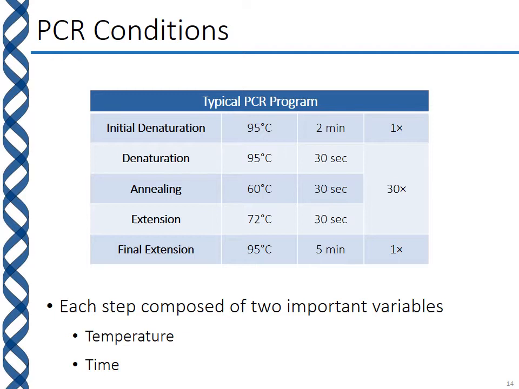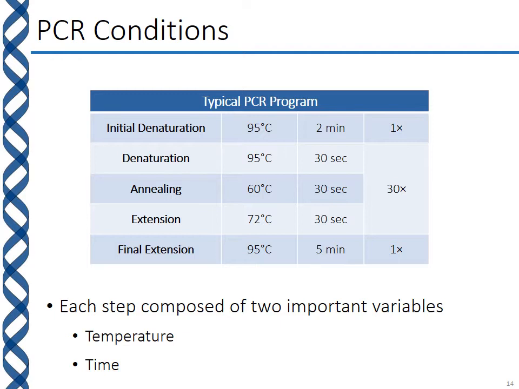Here we see a denaturation, again at 95. That typically takes the same temperature as before for 30 seconds, an annealing at 60 for 30 seconds, and an extension at 72 for 30 seconds. And then this particular cycle gets repeated 30 different times.